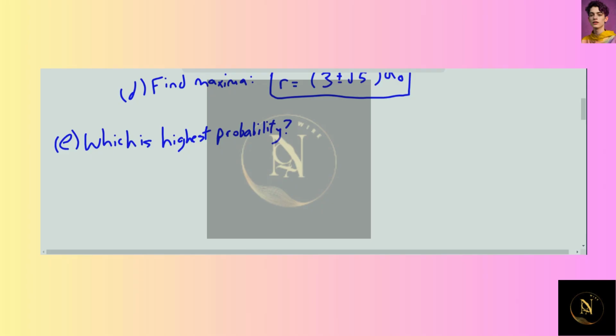So we have P2S(r) equals 1 over 8 a naught cubed times (2 minus r over a naught) squared times r squared e to the minus r over a naught.